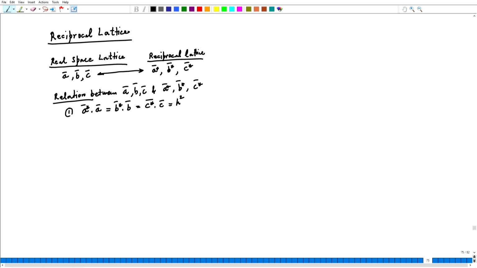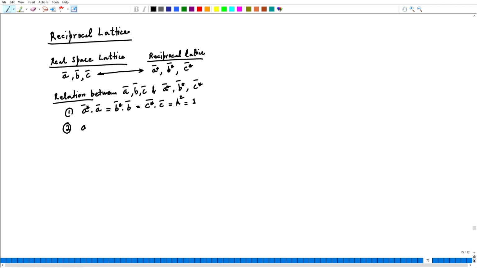However, in crystallography, we will put this quantity as simply unity or 1. So, we will use that the dot product between A star A, B star B and C star C would be 1. A second set of relationships is as follows.